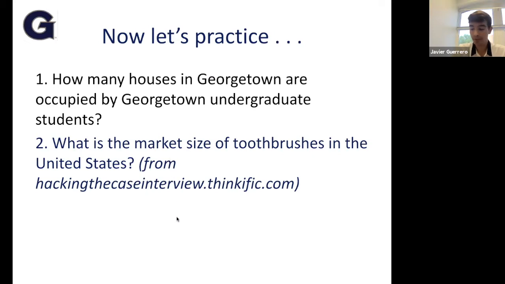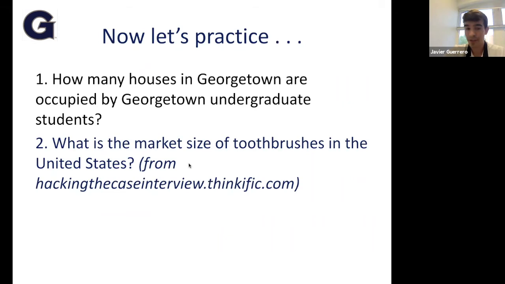For the junior class, 10% of 1,500 is 150. So we've got 150 juniors and 1,350 seniors. Add those together, and we've got 1,500 students living in off-campus houses.